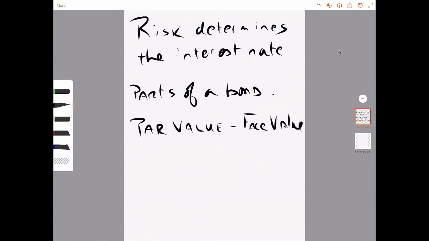Or maybe another way to describe this would be to say that the par value is the amount that you get paid when the bond matures.